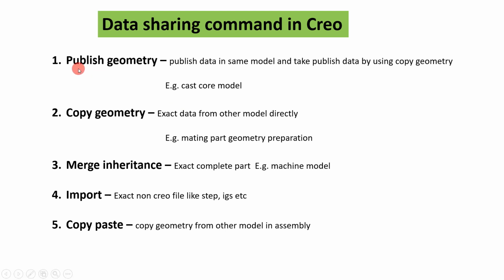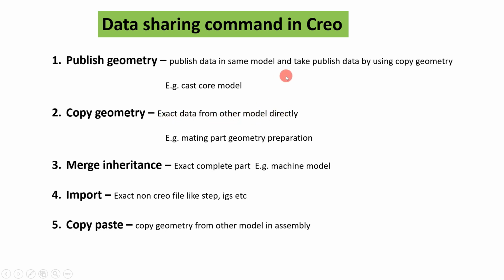Like here you can see publish geometry. Here we are publishing the data in the same model and taking the published data by using copy geometry in the required model. This published geometry we will use for the cast core model. Copy geometry extracts the data directly from the other model.